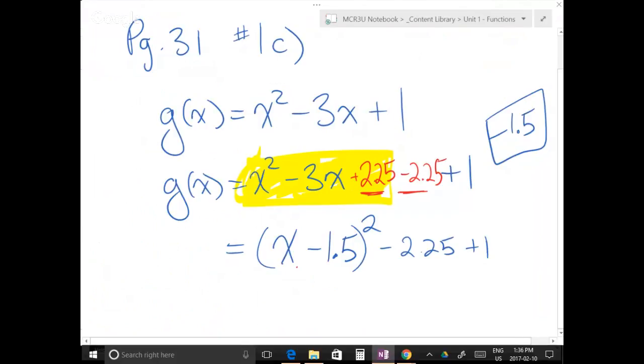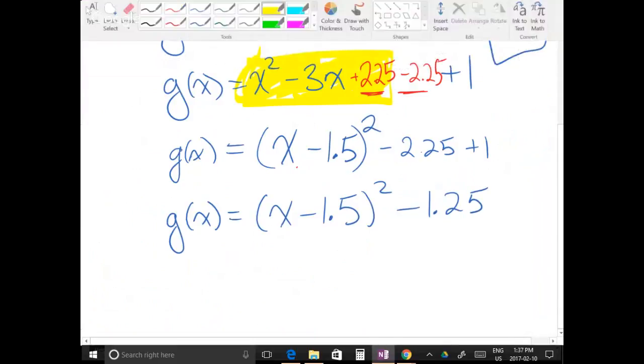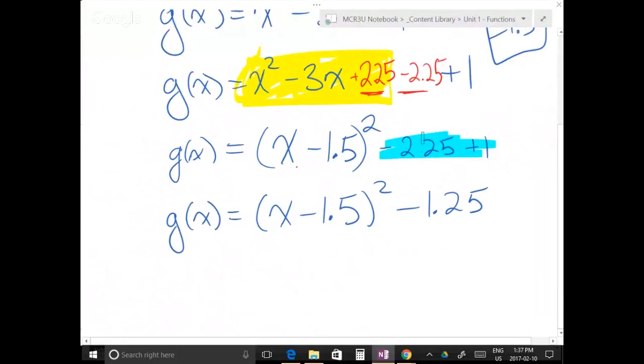And finally, what can I do at the end? Plus 1 to the 1.5? Good. Does everyone see how I got those numbers? Here I took these two and just collected like terms.